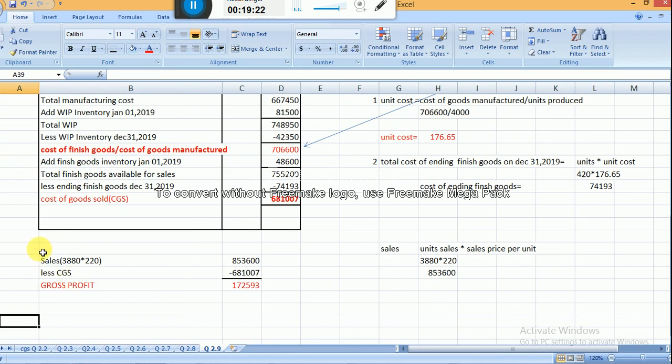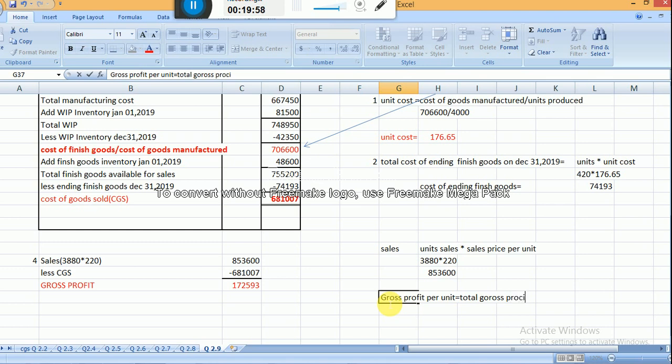Clear now? This is the fourth part, gross profit per unit. For that we have the formula: gross profit per unit equals total gross profit divided by units sold.